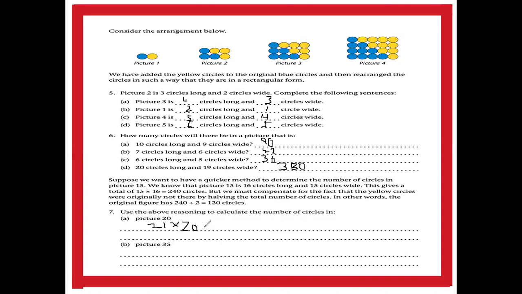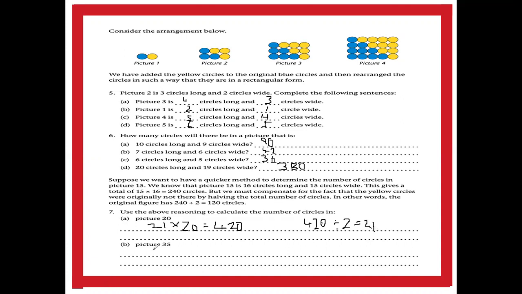But then we need to divide that by 2. So 21 times 20 will give us 420. And if you divide that by 2, because we are getting rid of the yellow circles, 420 divided by 2, we'll get 210.